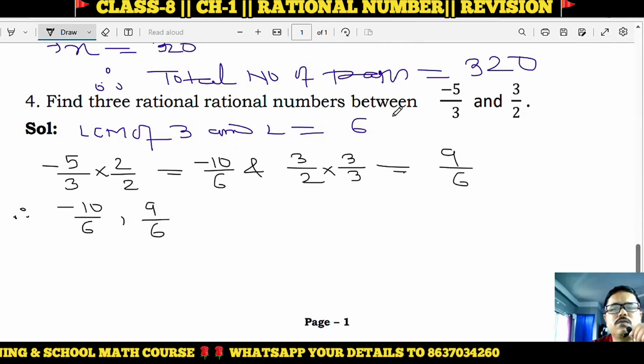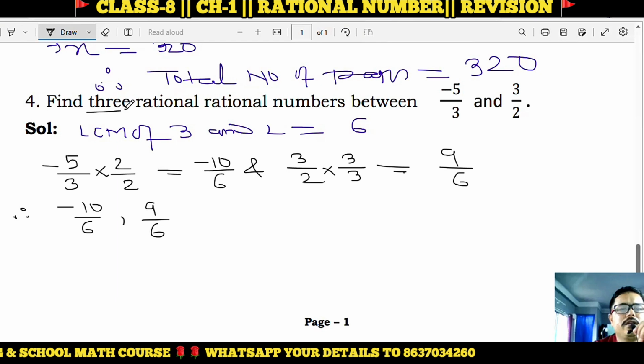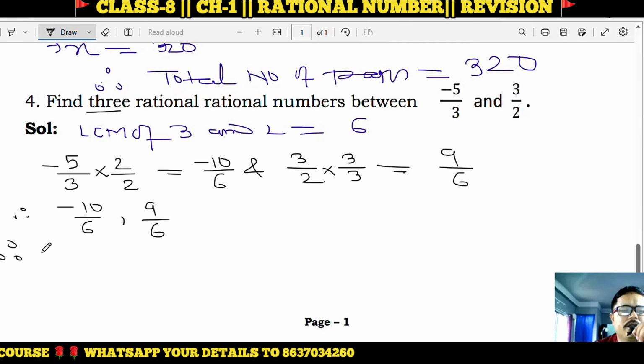And how many numbers are we supposed to find here? 3 numbers, and we have 3 numbers in between minus 10 and 9. So we don't have to increase the gap, so directly we can write 3 rational numbers between minus 5 by 3 and 3 upon 2.